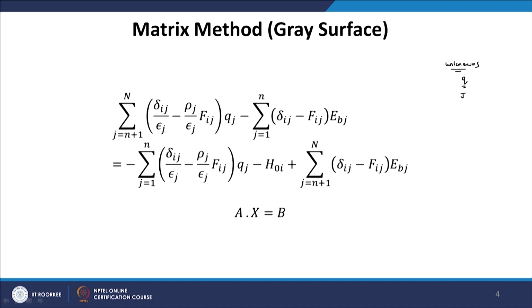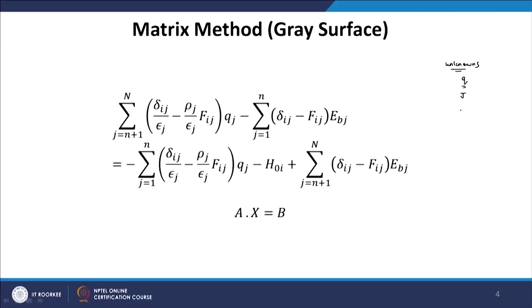Okay. So, the radiosity contains both reflection and the emission. So, we have to solve for the entire N surfaces simultaneously.